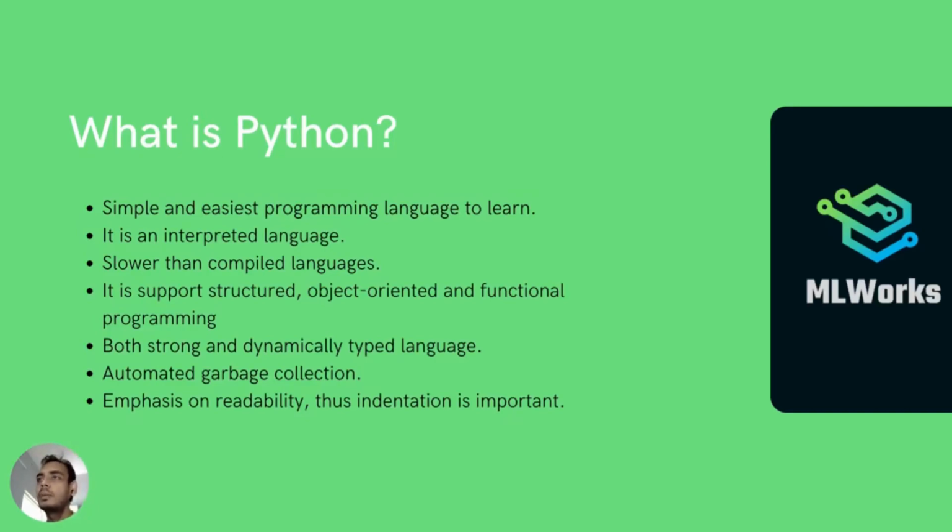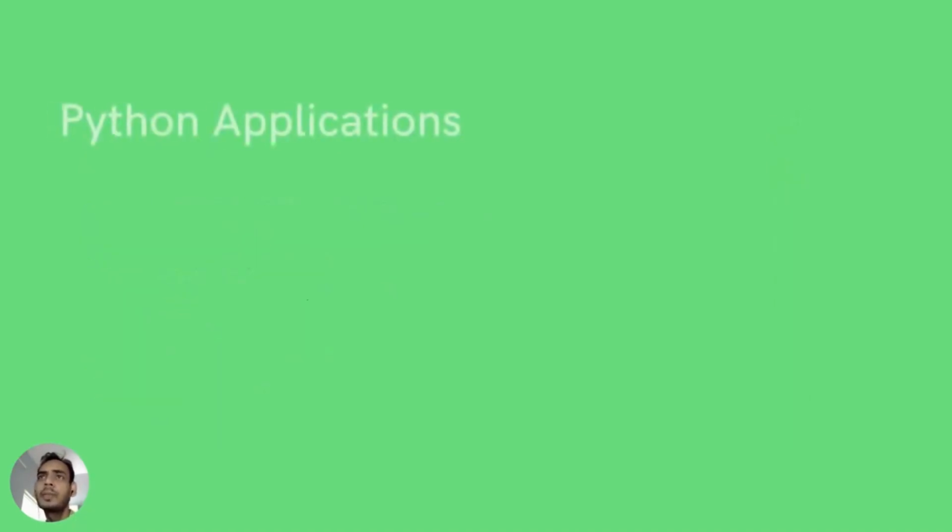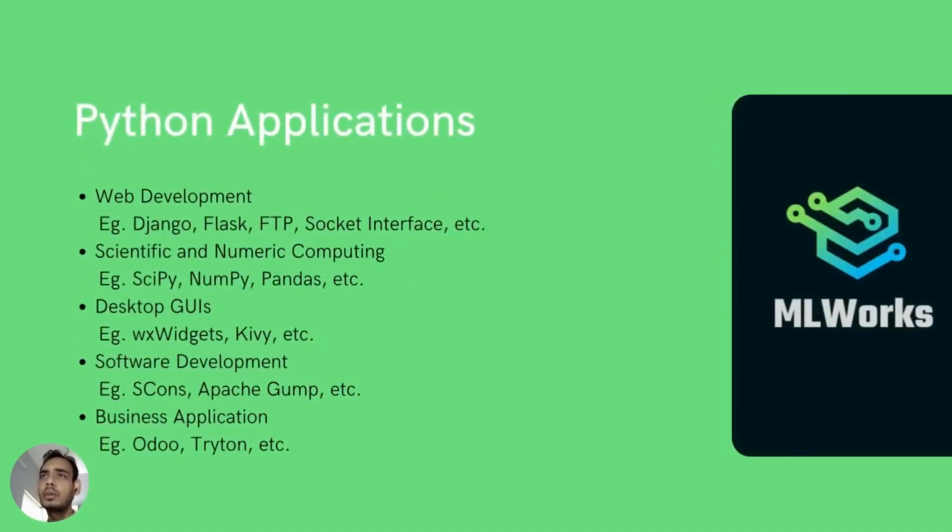Dynamically typed means when you declare a variable, you don't have to mention its type, and it is inferred during runtime. It also has automated garbage collection: when objects are no longer in use, Python automatically deallocates the memory assigned to them. Python also emphasizes readability, which makes indentation of the code very important and makes the code easy to read for users.